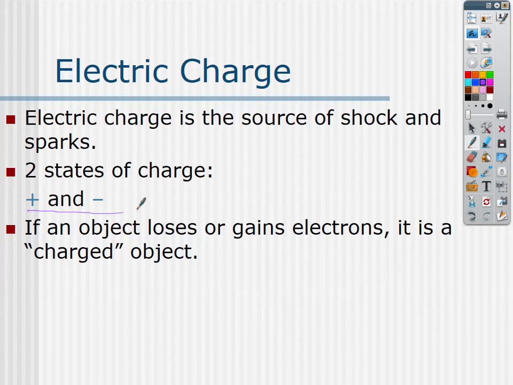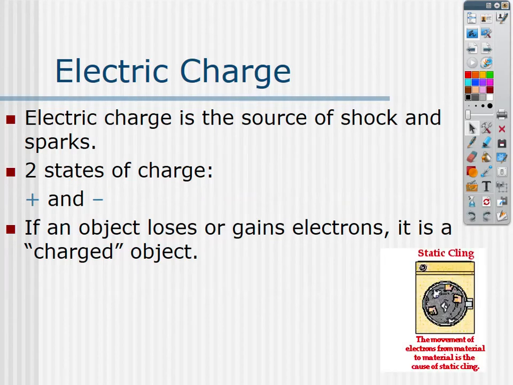I don't think you're going to get too many questions on this part. Obviously, if we lose electrons, we become positive. If we gain electrons, we become negative. That's something that everybody gets confused initially, but hopefully that's self-understood just from being in chemistry already. So it will become charged if it gains or loses these electrons.